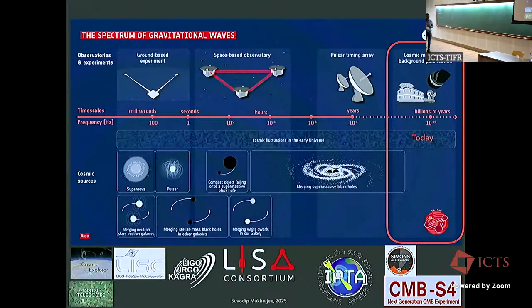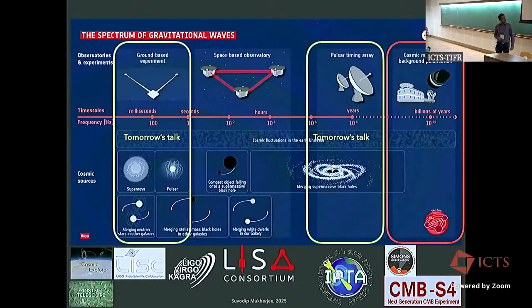You can see the scope from 10⁻¹⁸ to of the order of a few thousand hertz, and maybe even more. So it's really a long band we can observe using gravitational waves. And tomorrow I'll be talking about these two in a more technical talk. It's not going to be a pedagogical talk, about some of the measurements which can improve our discovery of gravitational wave signals in these two bands.